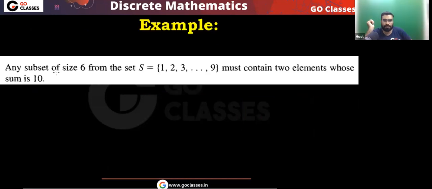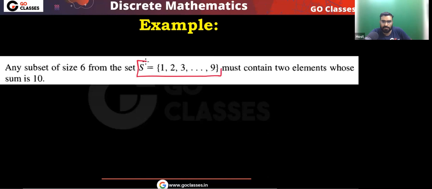Now let's see this question. What about this one? See, this is an interesting question. If you have this set, then can you guarantee that at least 2 people will have summation equal to 10? You have this set.